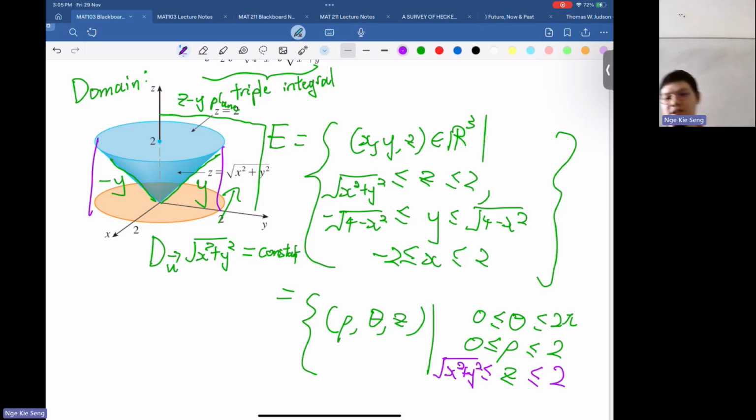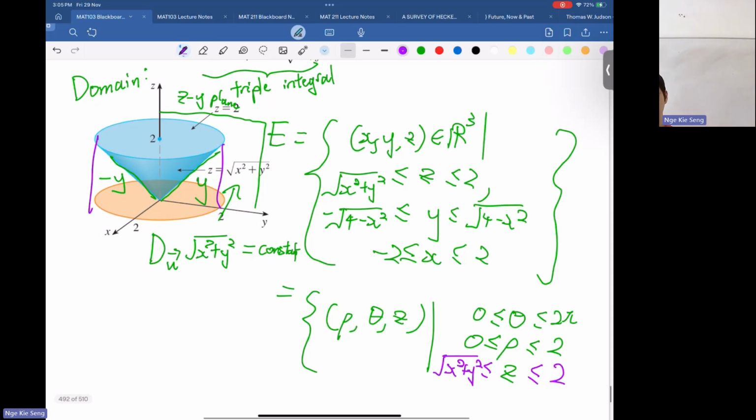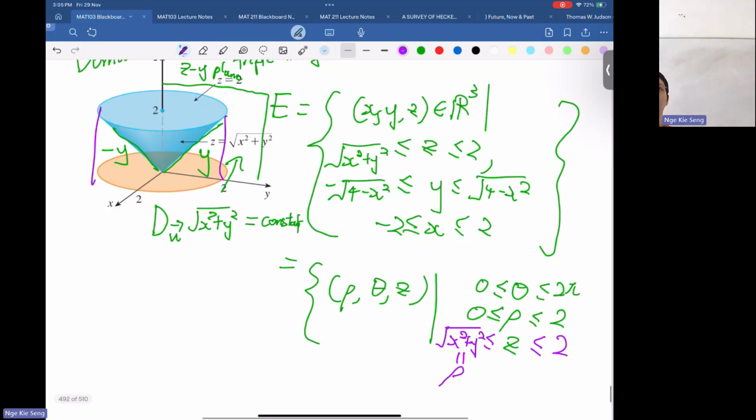What variable can you change here? This is literally rho, correct? That's the radius. So how do you cut off your cylinder? You just use the radius of your point, where you stand. You use the radius to cut off your cylinder. Any question so far?